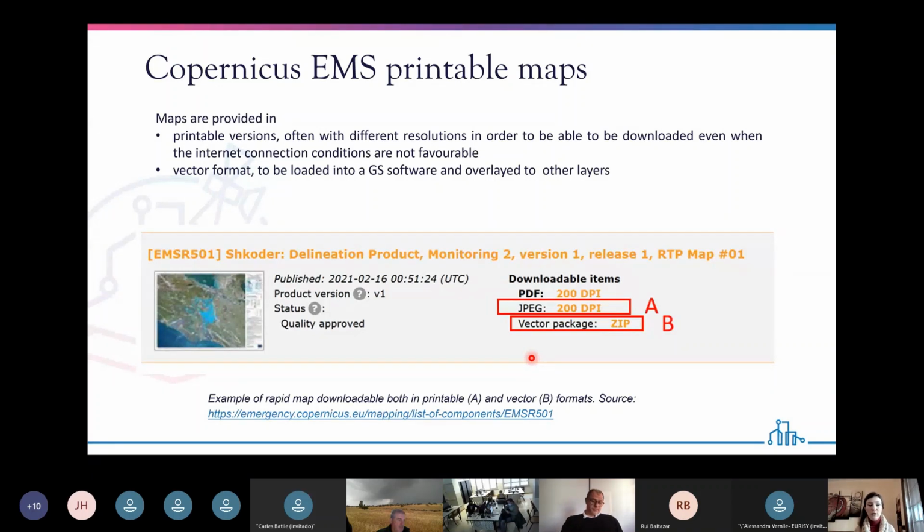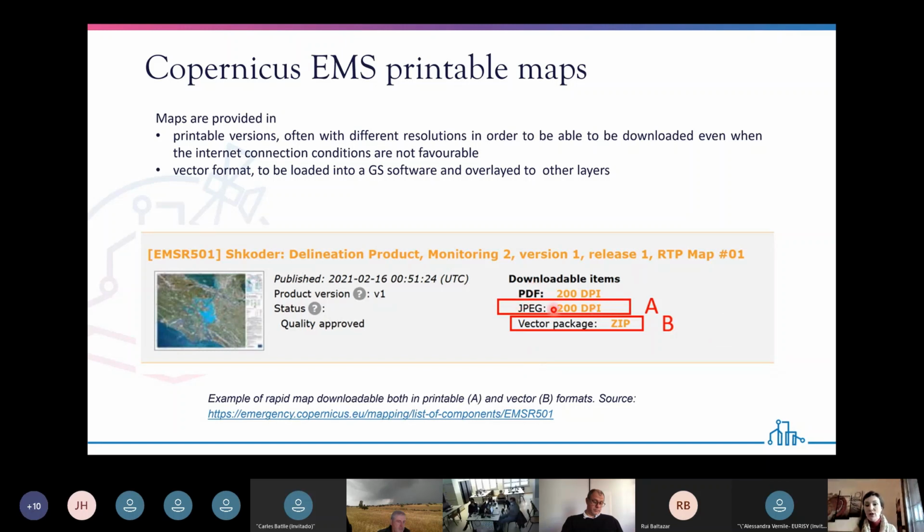So imagine, for example, that you have the perimeter of the flooded area and you are a user of the municipality who has already all detailed maps, the plans, maybe also the evacuation plan, and so you can overlay the flooded area with respect to other maps that you have already, so that you can better plan the activities directly into the GIS software.